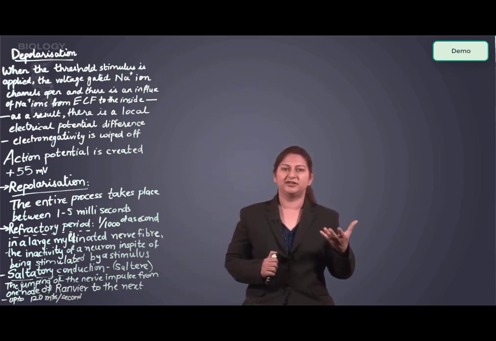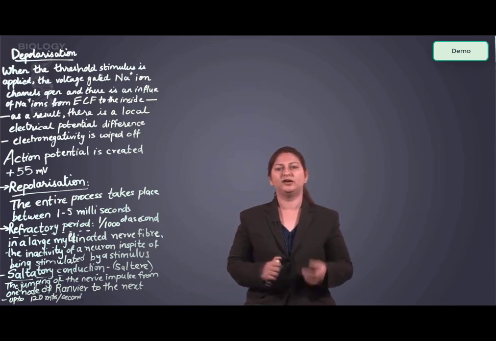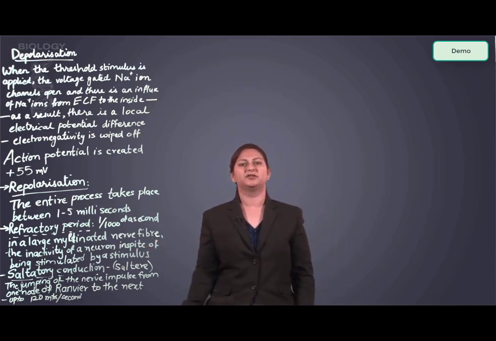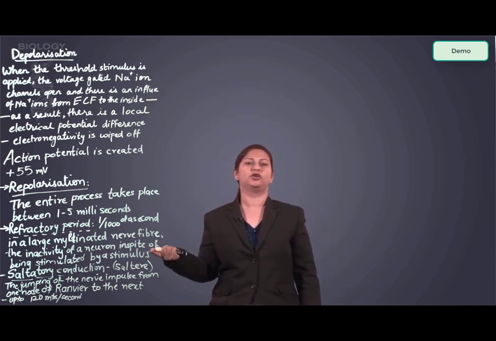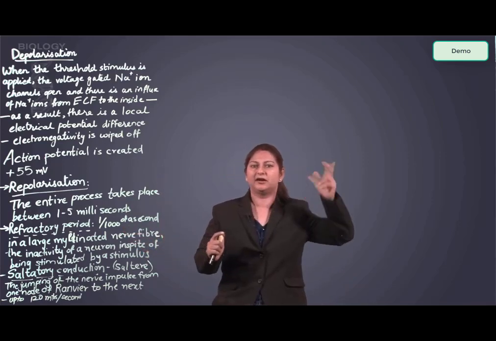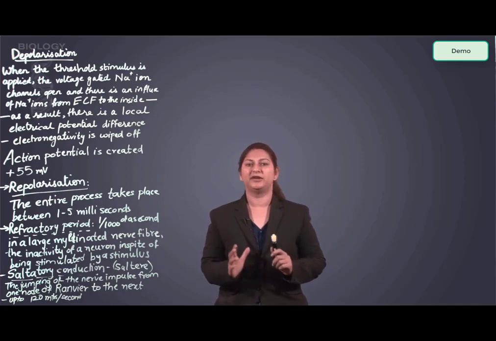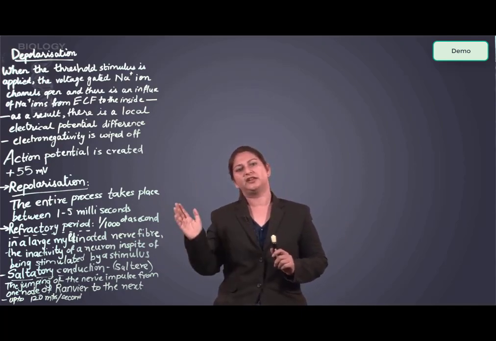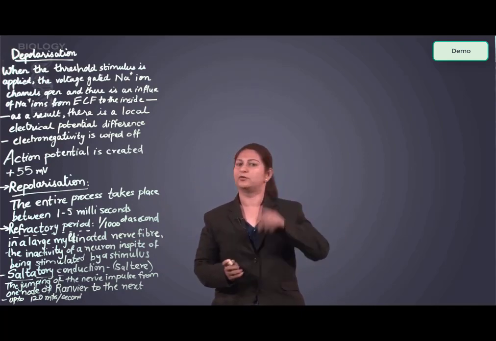All right, and when you talk in terms of the spending of energy by a neuron, the myelinated nerve fibers are much more economical because of this saltatory conduction, hopping conduction, and less amount of energy is wasted. Whereas in the non-myelinated nerve fiber, what will happen?